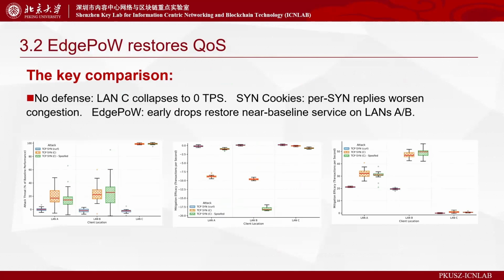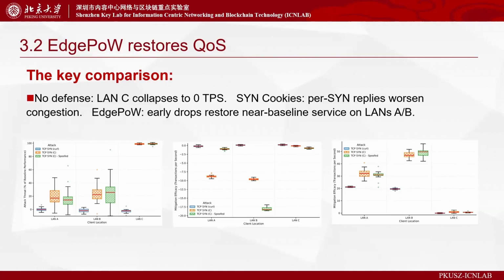These 3 panels capture the main result. Without defense, the 350 kbps spoofed flood completely denies service to lane C and causes broad throughput degradation. With SYN cookies, mitigation efficiency becomes negative because every forged SYN still triggers a response.